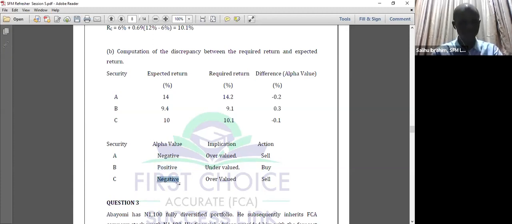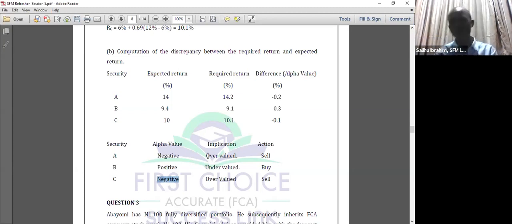What is the implication? The implication is that when your alpha value is negative, it means that the stock is overvalued. Okay, the stock does not worth the amount it is being sold on the floor of the exchange.